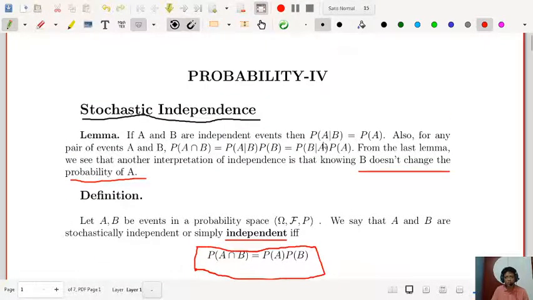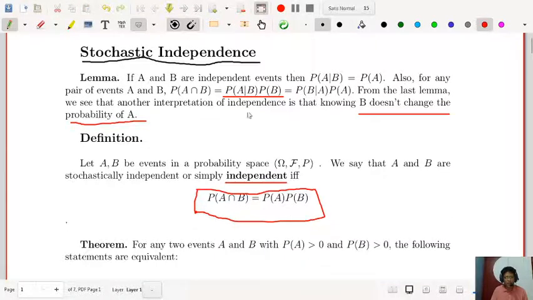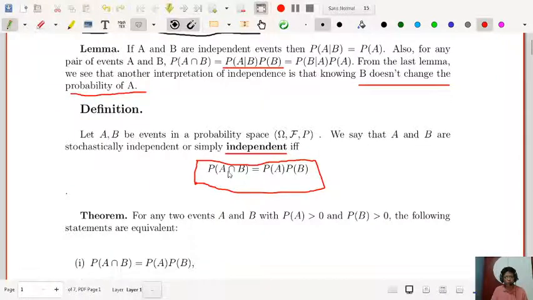Actually you see that in the lemma, probability of A given B occurs is probability of A. So naturally this will be the first product of two probabilities. The first probability will give you probability of A, and it comes from this lemma actually, that probability of A intersection B is probability of A into probability of B. So this is the most formal definition of independence.